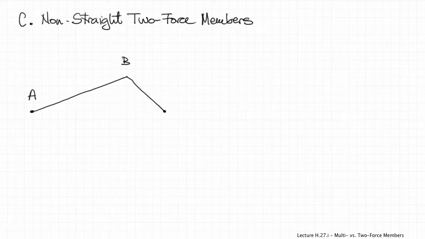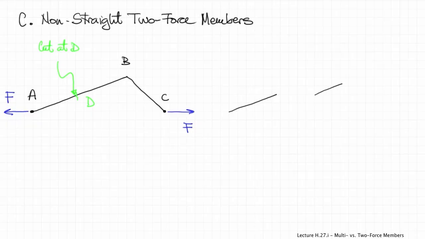Being a two-force member means there are no forces acting along the member, so along AB and BC, and the forces acting at the ends of the member, at A and C, lie along the line that connects points A and C. We're going to cut the member at point D, an arbitrary point along the member, just to determine what is going on inside the member.